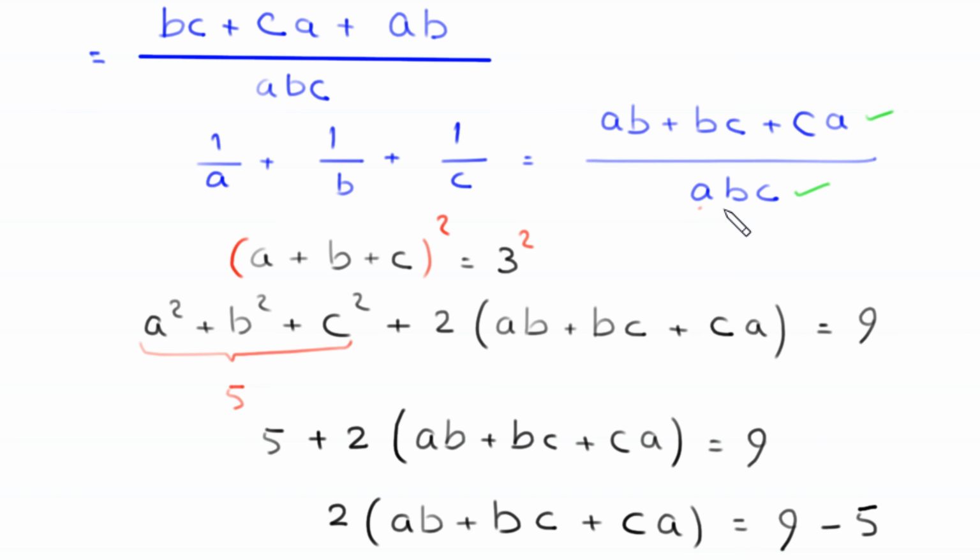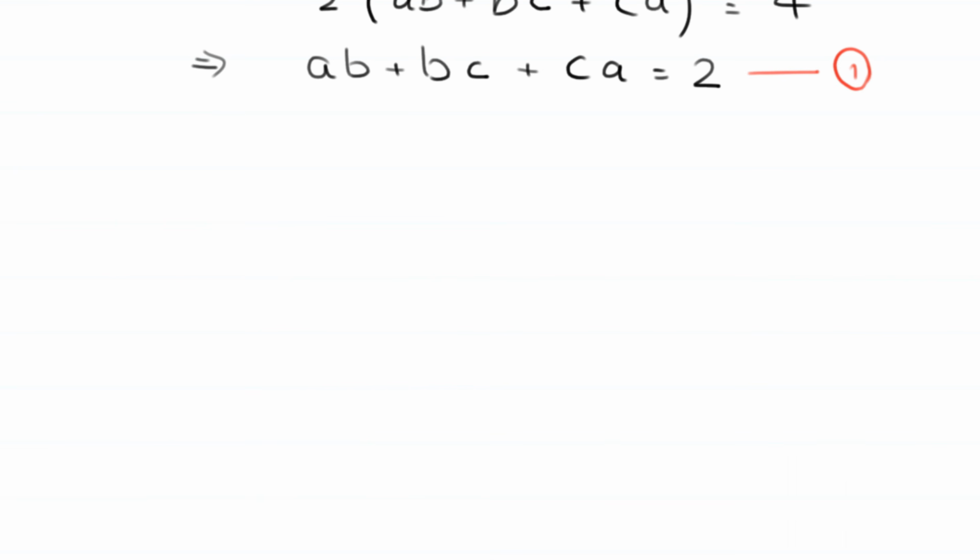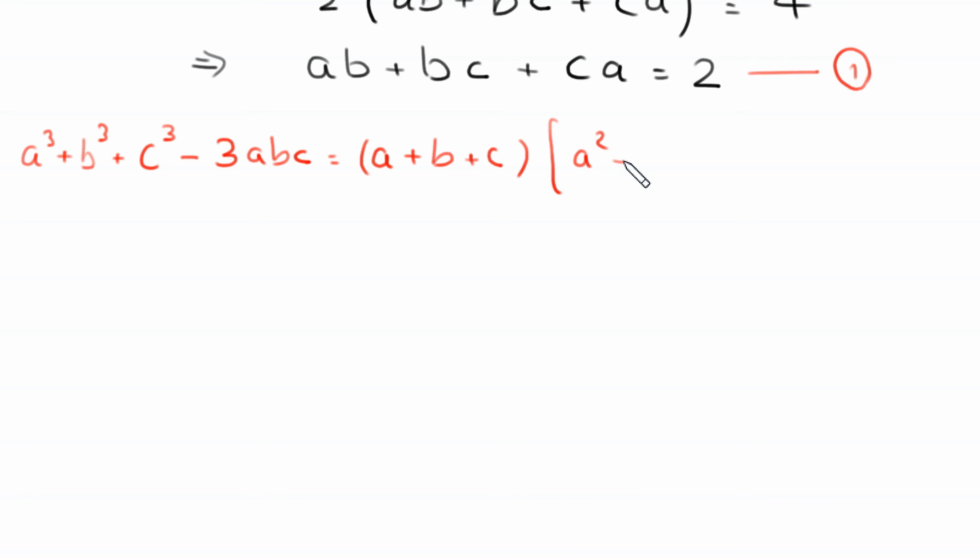To find the value of abc, we use this algebraic identity: a cubed plus b cubed plus c cubed minus 3abc equal to a plus b plus c times a squared plus b squared plus c squared minus a times b plus b times c plus c times a.